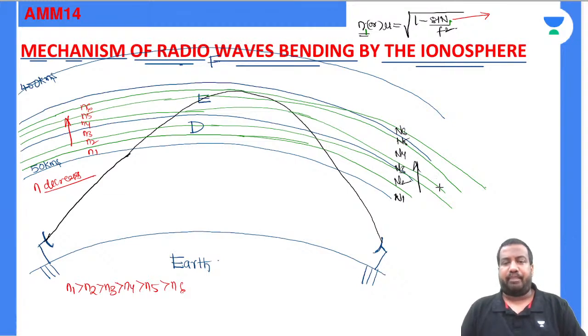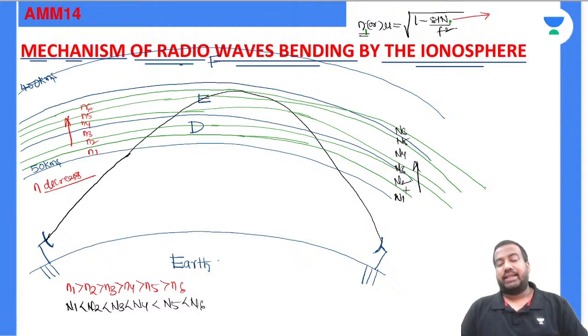And as you are moving up, what has happened to the ionic density? It is increasing. That means N1 is less than N2 is less than N3 is less than N4 is less than N5 is less than N6. As you are moving up, the ionic density is increasing and refractive index is decreasing.